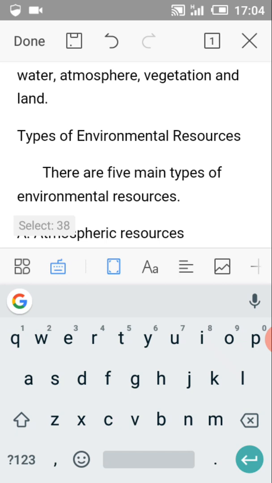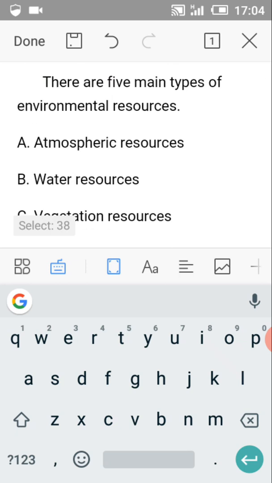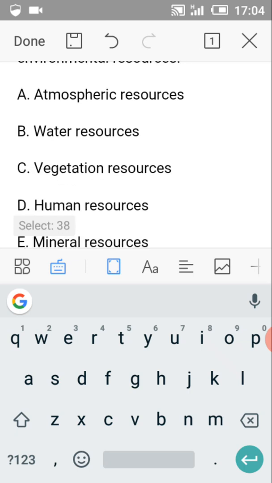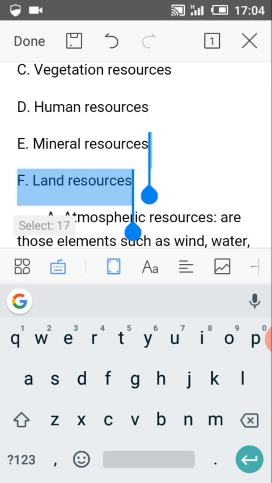Types of environmental resources. There are mainly 5 types of environmental resources, and these are atmospheric resources, water resources, vegetation resources, human resources, material or mineral resources, and land resources.